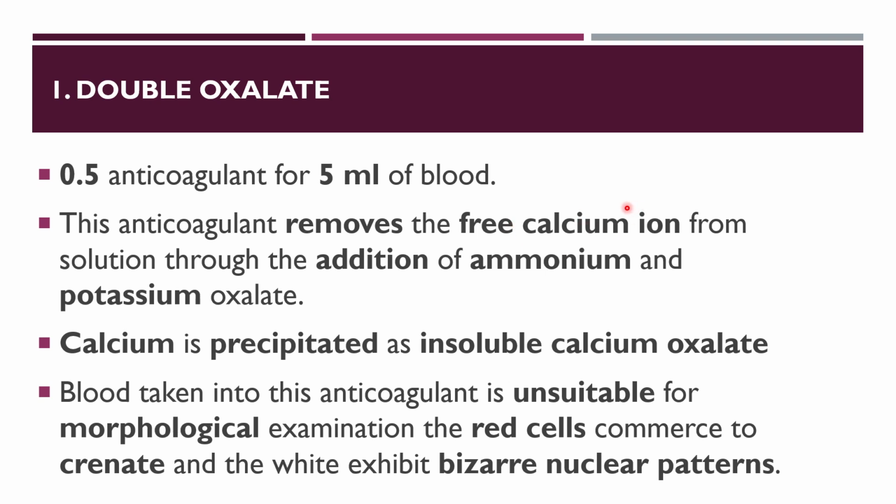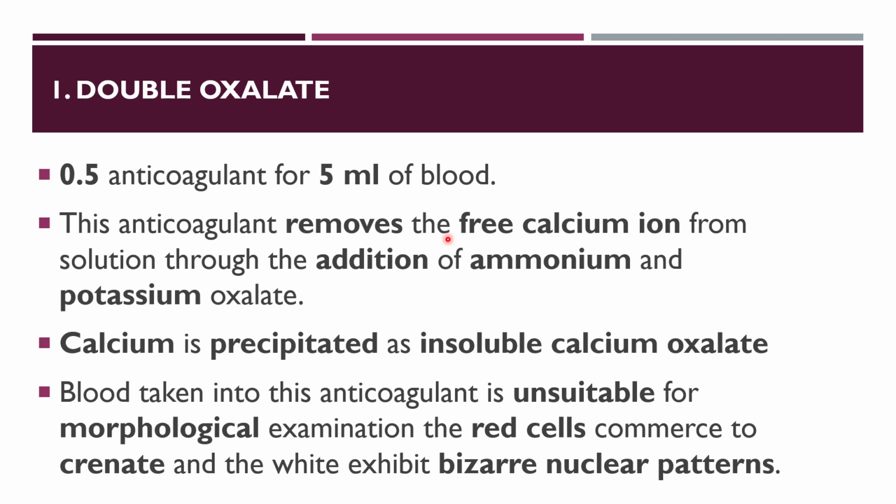This procedure helps because it has two oxalates, so it helps anticoagulate the blood. Now calcium will be precipitated as insoluble calcium oxalate. So whatever calcium ions are present will become insoluble.